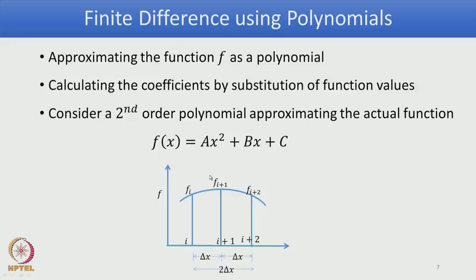This is a schematic graphical representation of the function, with the point of interest f of I at I, and neighboring points in the forward direction: I plus 1, which is a distance of delta x, and I plus 2, which is a distance of 2 delta x from the point I, or a distance of delta x from the point I plus 1.